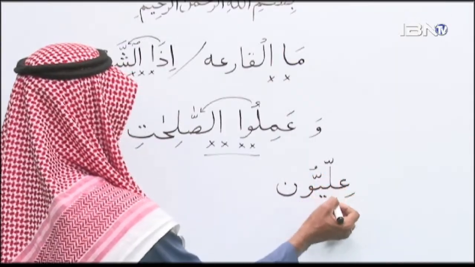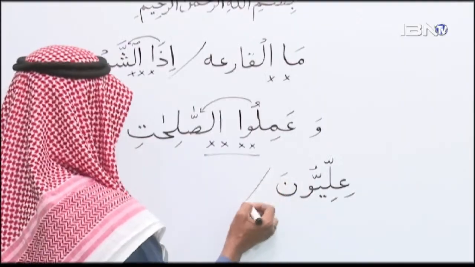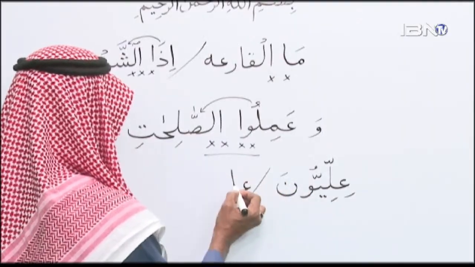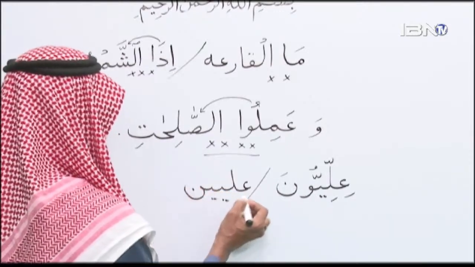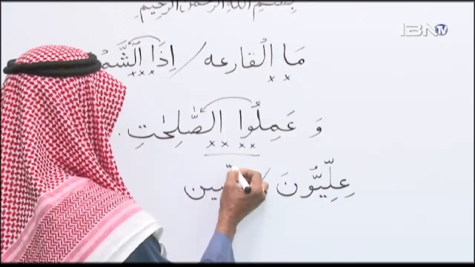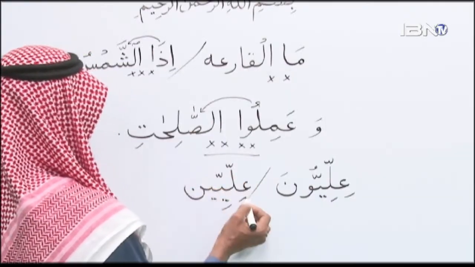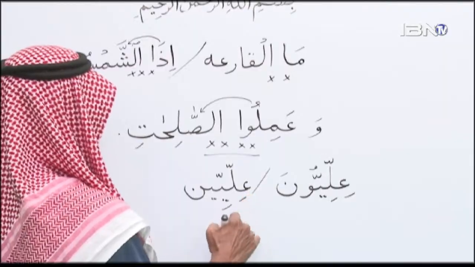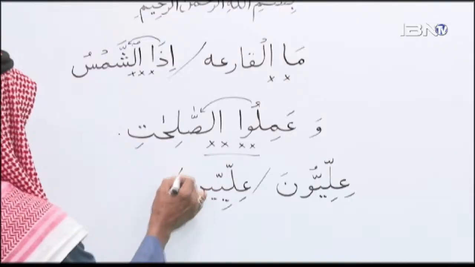Illiyun. Or you could have il, li, yin. All right? Illiyin. All right? You have two shaddas coming together.